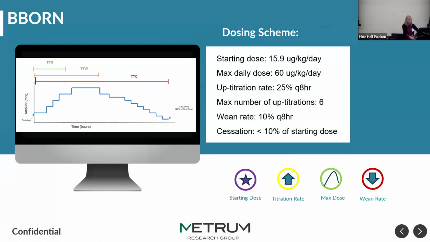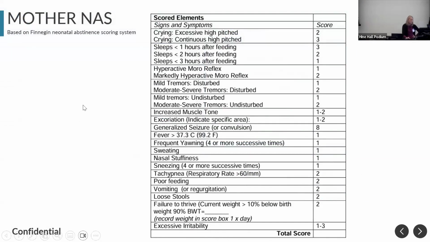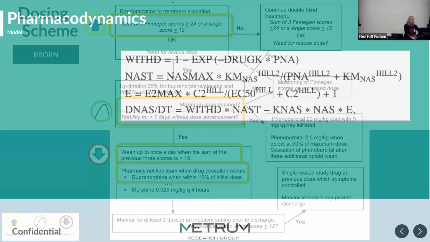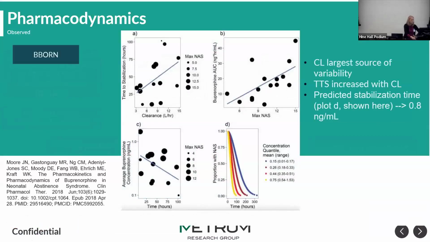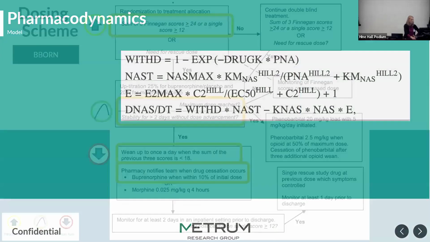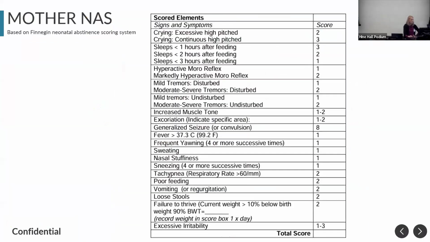And so this is our PD endpoint, this mother NAS scoring system. This was based on the Finnegan neonatal abstinence syndrome score that was developed in the 70s. The name was derived from this larger clinical trial, but we borrowed the scoring system for these studies.